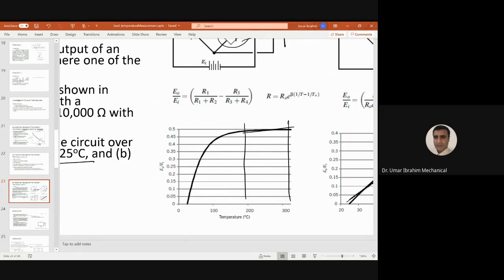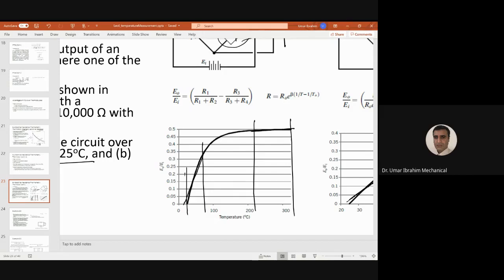Second, typically you don't try to use the thermistor beyond 200 degrees C because of the aging problem. Okay, so yes, from a linearization point of view, you can linearize this curve into two portions, let's say this and this, and then you can replace this curve with this straight line and this curve with that straight line.